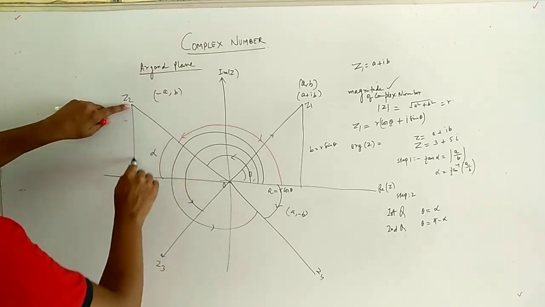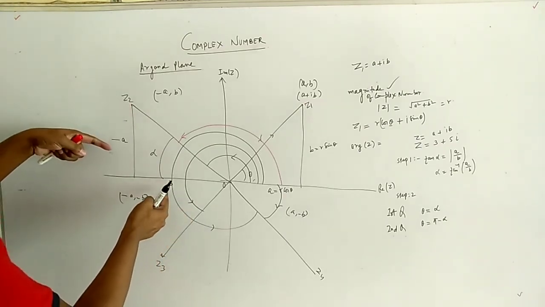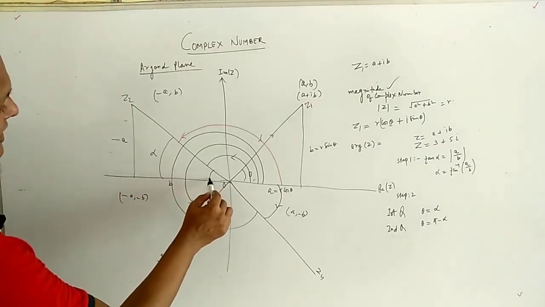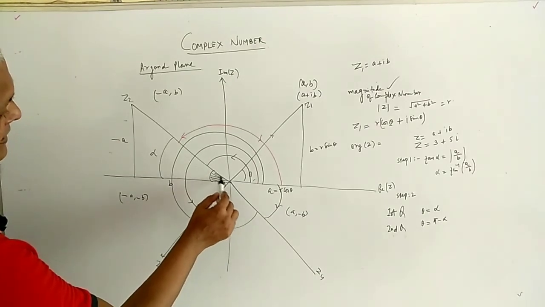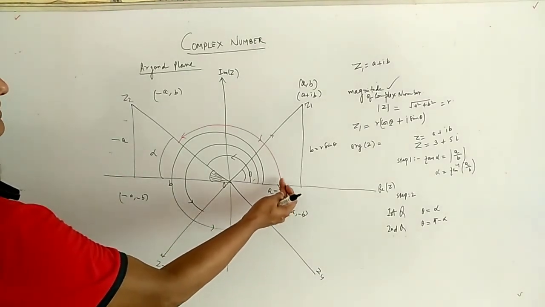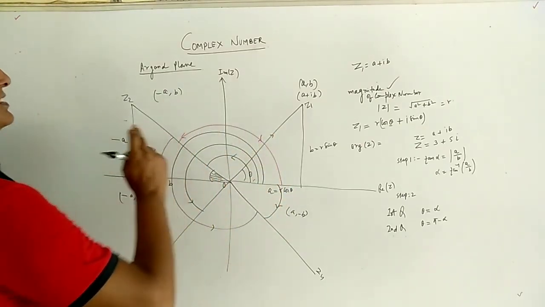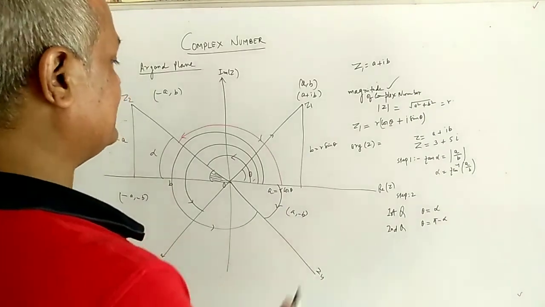So using minus a and b and putting them in the mod, I am actually finding this angle, that is my alpha. But my real argument of the complex number is this, that is pi minus this alpha. That's why it becomes pi minus alpha.